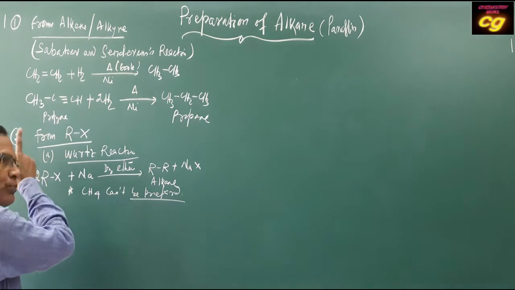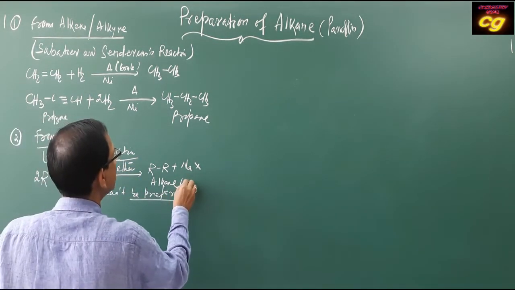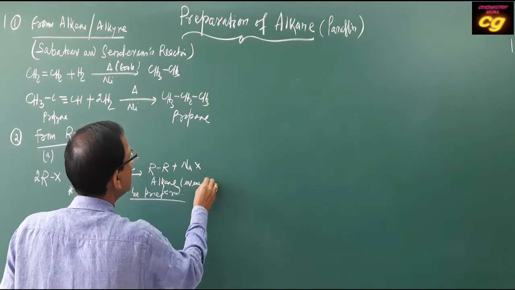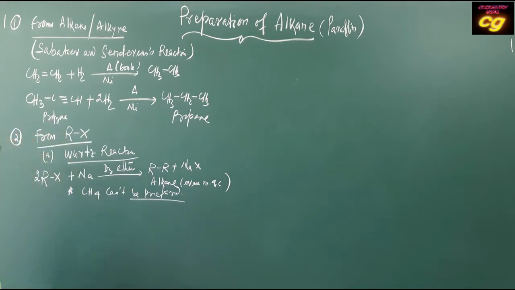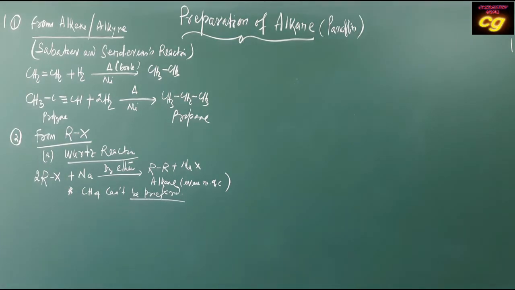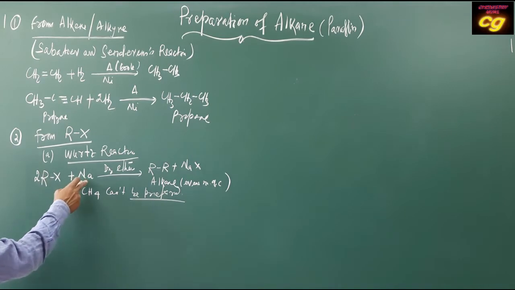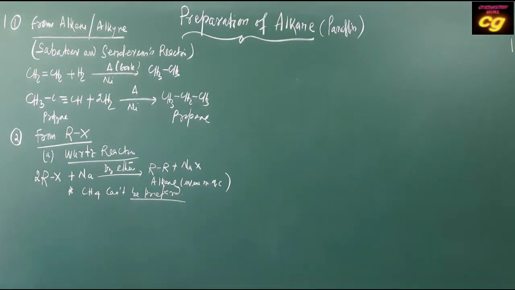If the haloalkane is pure, alkane with an even number of carbon atoms will always be formed. But if you take a mixture of haloalkanes, you will get both odd and even numbers of carbon atoms in the alkane. So this is called the Wurtz reaction: haloalkane reacts with sodium metal in the presence of dry ether producing alkane.